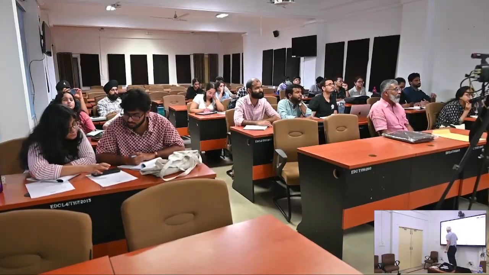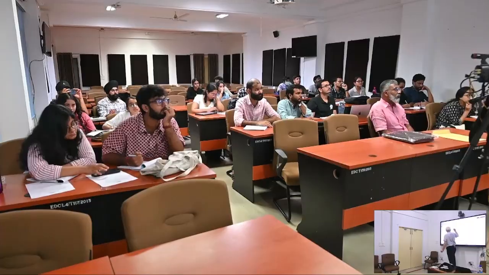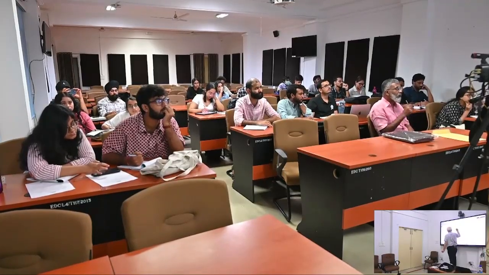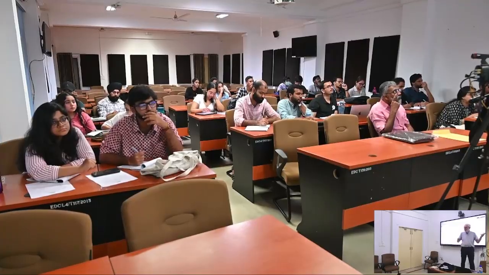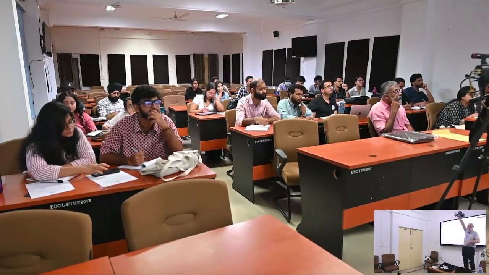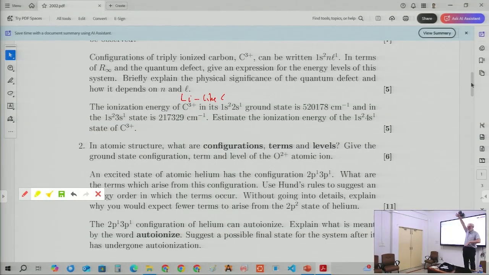Very often the atomic physicists call this lithium-like carbon because it has 3 electrons. Basically it has the same electronic structure as lithium, but all the energy levels are spread out because of the Coulomb charge.